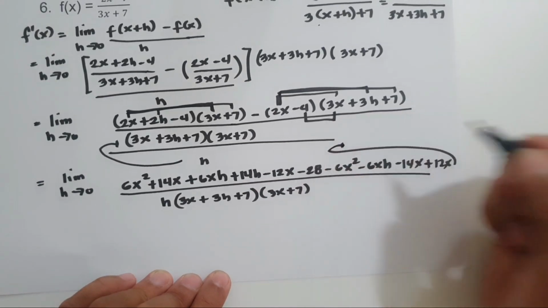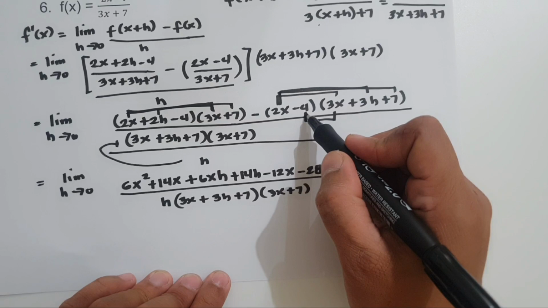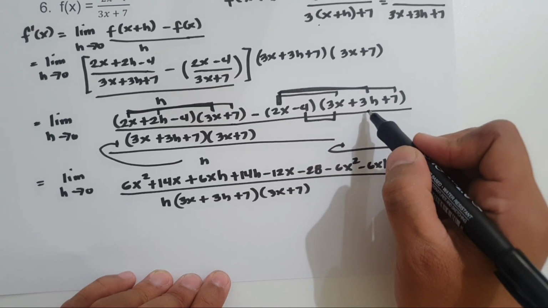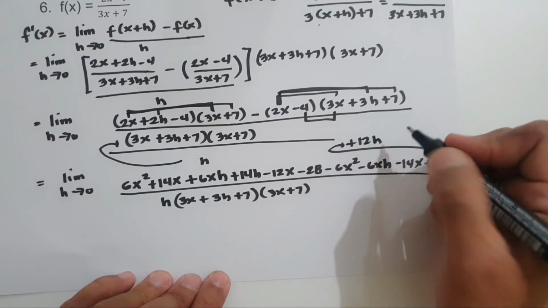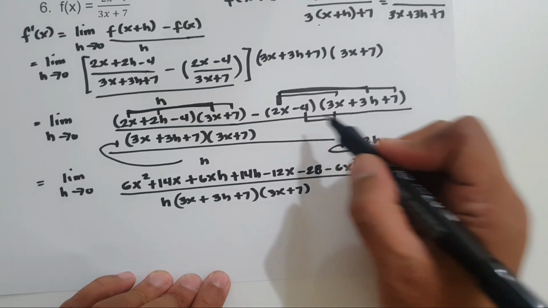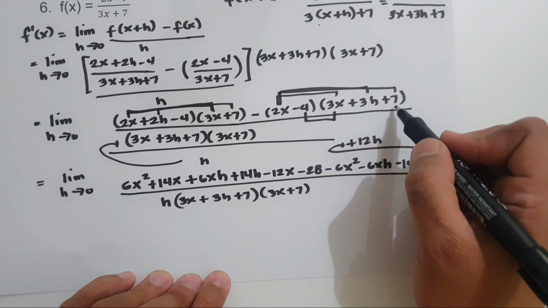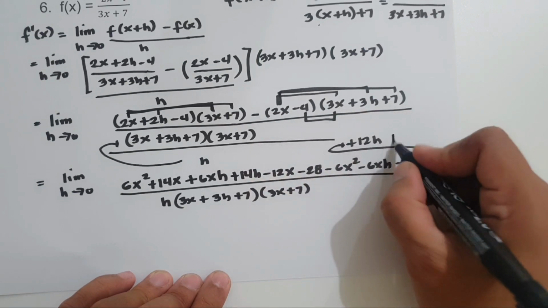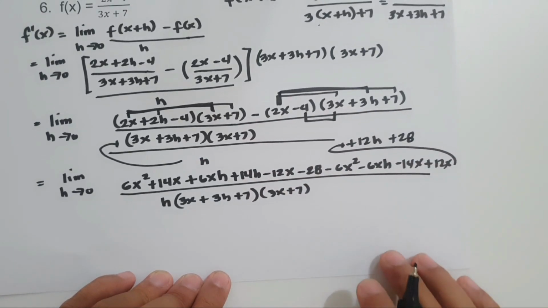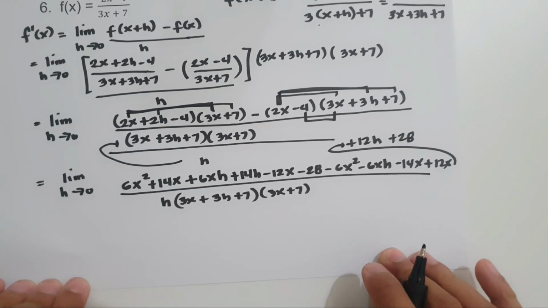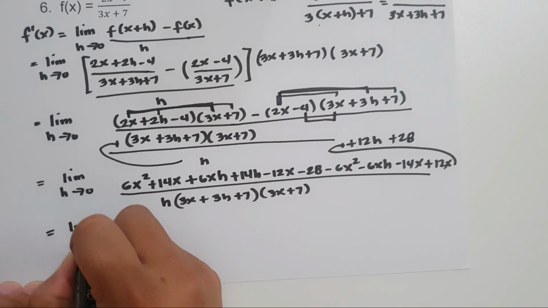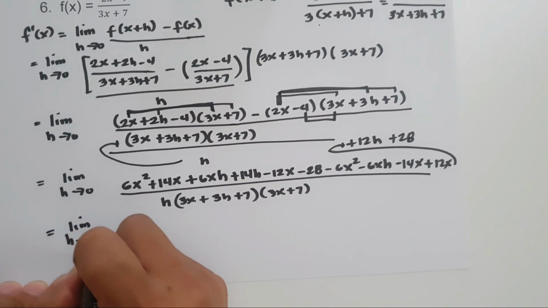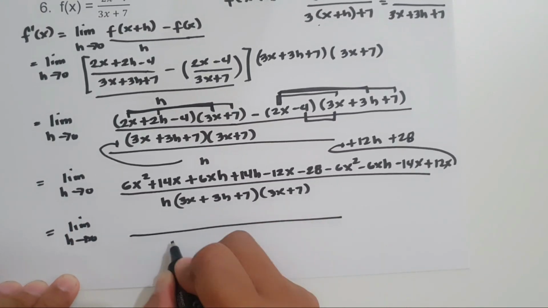I'm going to continue here. Negative 4 times 3h is negative 12h, times negative, that is positive 12h. And then negative 4 times 7 is negative 28, times negative, that is positive 28. So let us simplify. Let us write the limit as h approaches 0. I'm going to copy the denominator.